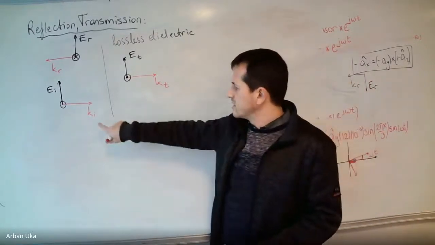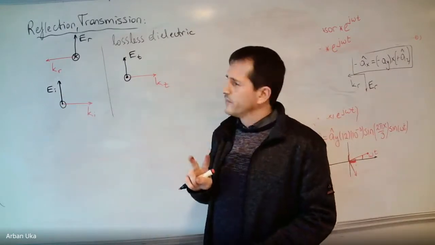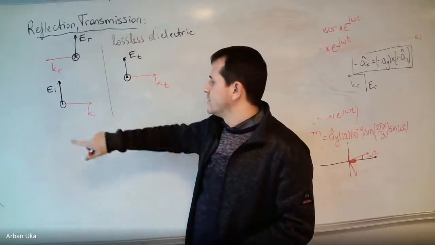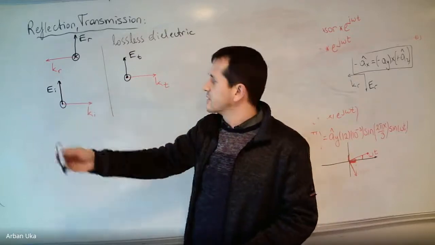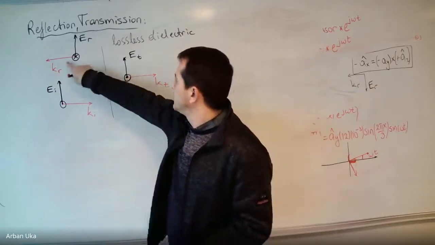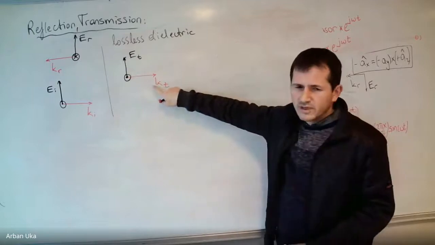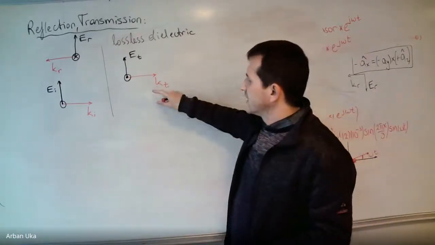The independent variable is the direction of Ki and EI. These are the only two which put a constraint on the direction of the magnetic field intensity, which is going to point out of the board in this direction. All the rest we know is this Kr and this Kt, the transmitted wave direction, so we can consider those also as independent variables.